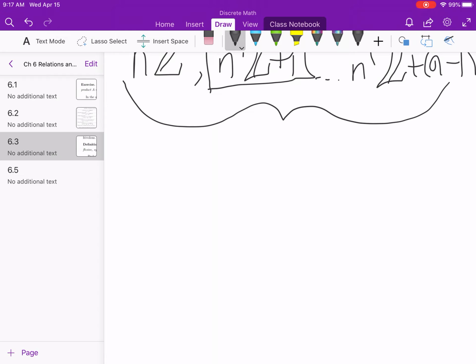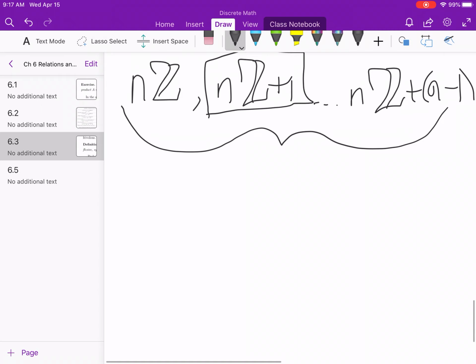All this really means is that the union of these sets, so in this case, the union of nz plus 1 all the way up to nz plus n minus 1, this entire thing is going to give me what's called the entire initial set.